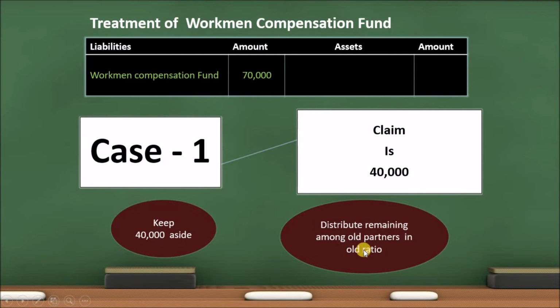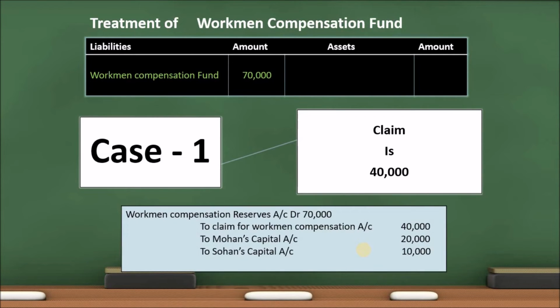All funds, I told you, if they are not used, are distributed among old partners in old ratio. So the journal entry is, you can see here, partners' capital accounts are credited with the remaining amount of the fund, that is 70 minus 40, 30,000, divided in ratio 2:1. So 20,000 for Mohan and 10,000 for Sohan.